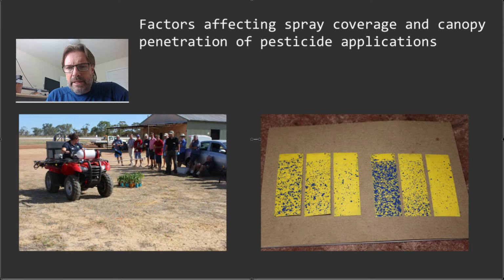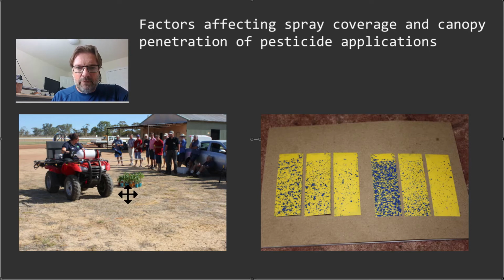If you, like me, enjoy being out and around growers and in real world applications, a good way to demonstrate the importance of spray coverage, and how likely it is not to get good spray coverage, is by running a simple trial. I am standing over here in the middle, showing some farmers in Western Australia.